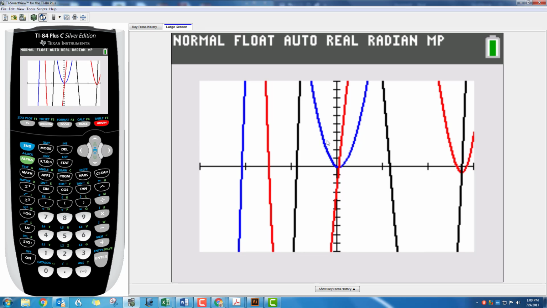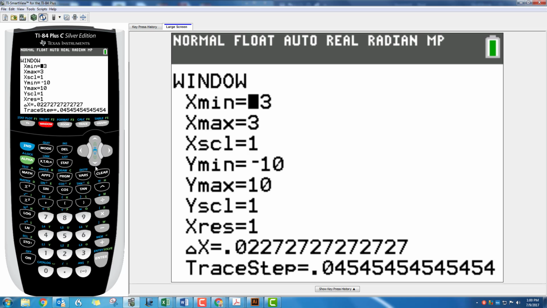It looks like we're going much higher than 10 and lower than -10, so just play around here. Let's go down to -50, and we'll take the other one up to 100.